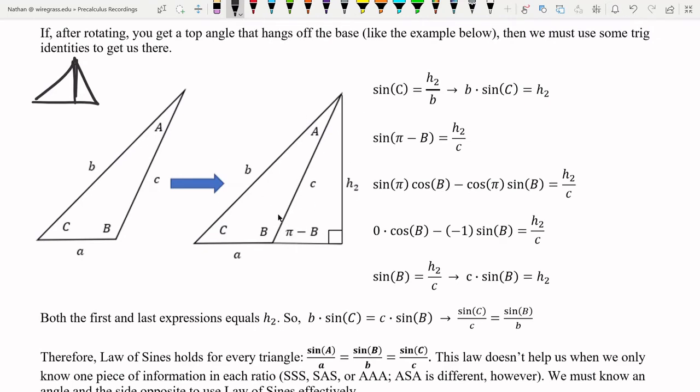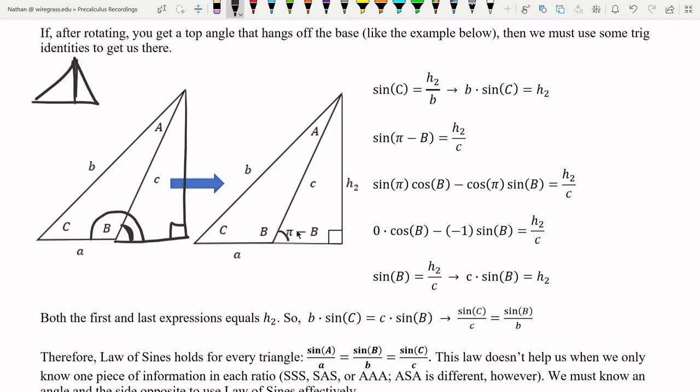So to solve this, we're going to create a right triangle by dropping this straight down and then extending this base over. That gives us this right triangle that I label here. Now, this is a straight angle. Straight angles are always a measurement of pi. So this angle specifically is going to be pi, the straight angle, minus this angle b.